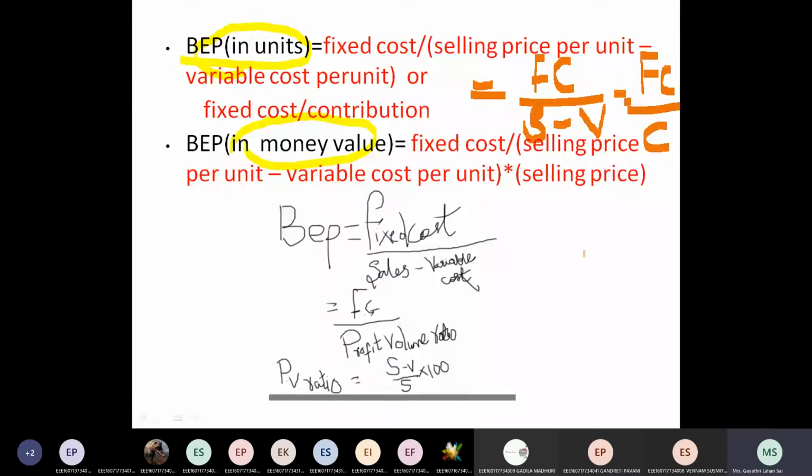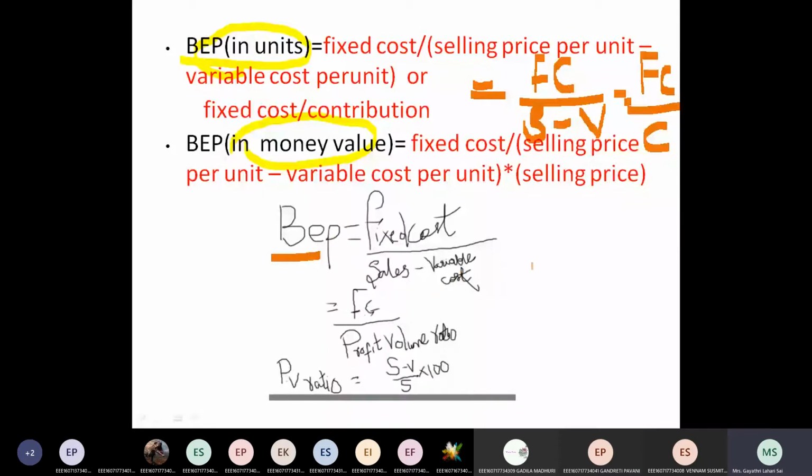The second formula, if you want to calculate the break even point in terms of rupees, in terms of money value, I have already written here yesterday: break even point is equivalent to fixed cost by sales of the product minus variable cost.